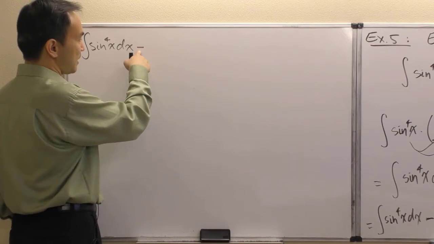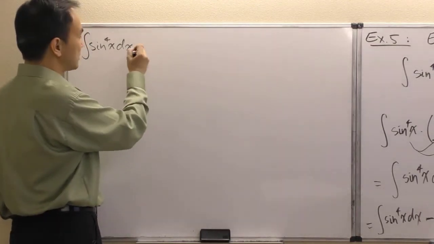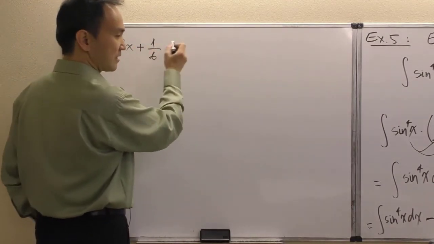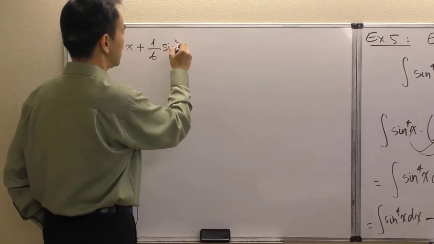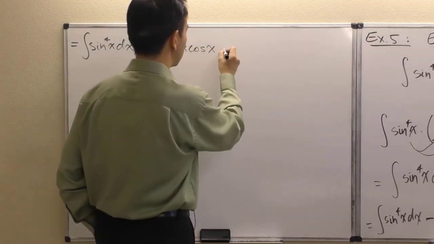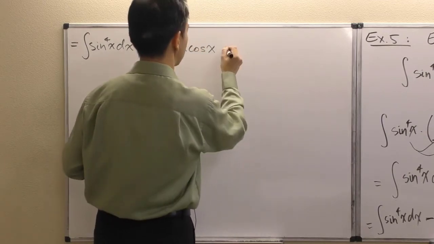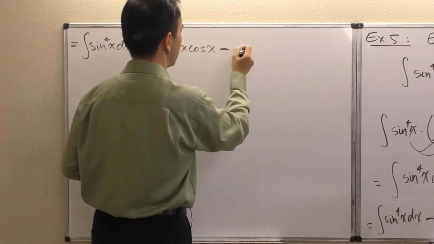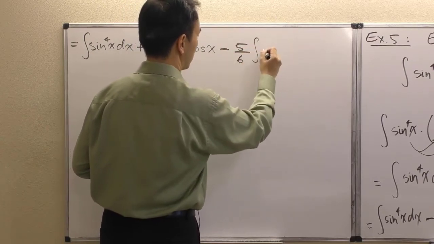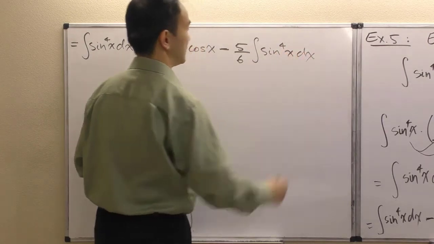The minus in front of the parentheses, distributed to the first term inside, becomes plus 1/6 sine to the 5th of x times cosine of x, and then minus 5/6 times the integral of sine to the 4th of x dx.